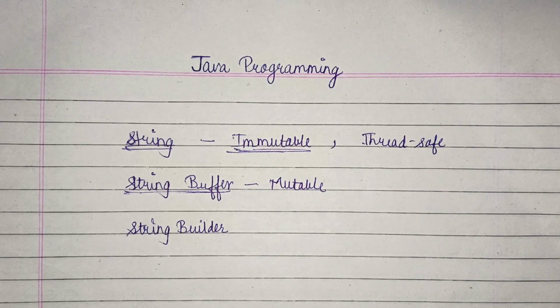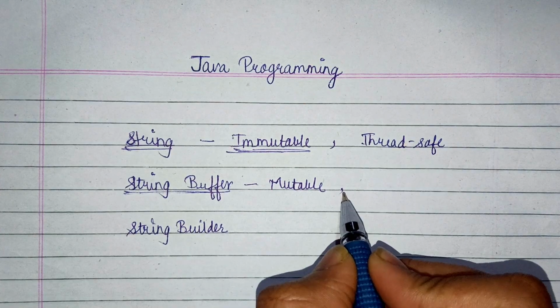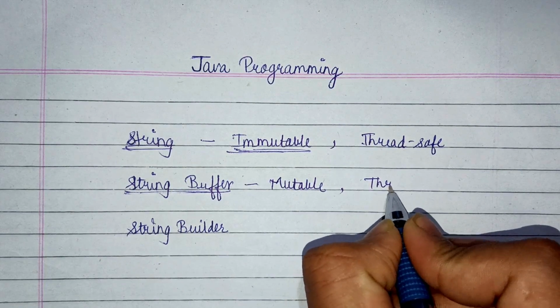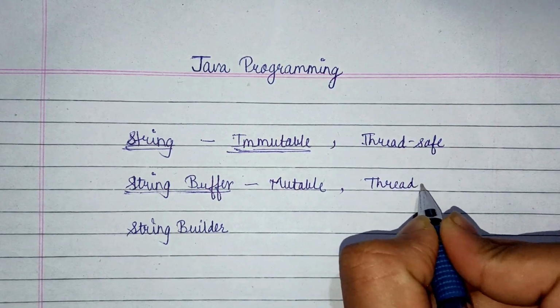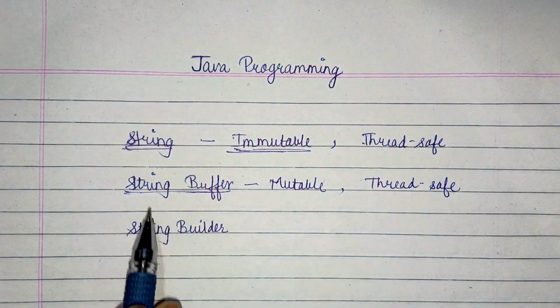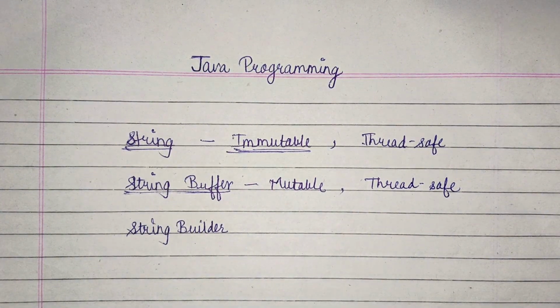But in string buffer we can modify or update the string after the creation. It allows changes of a sequence of characters without creating a new object. String buffers are thread safe, same as the string class.